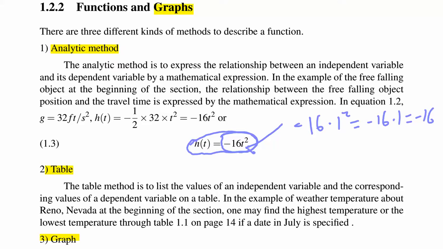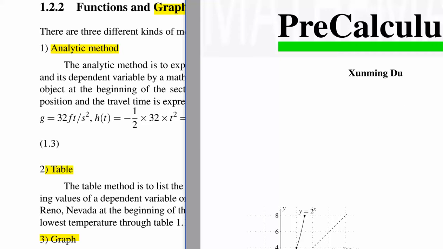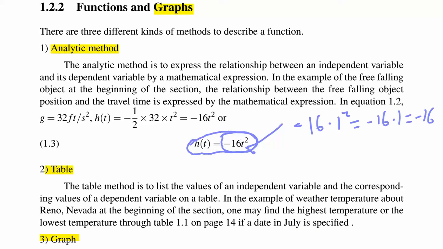So that means in 1 second, the freely dropping object will be 16 feet below the dropping point. So the advantage of the analytic method is that it is accurate.